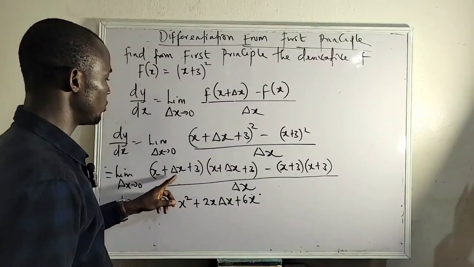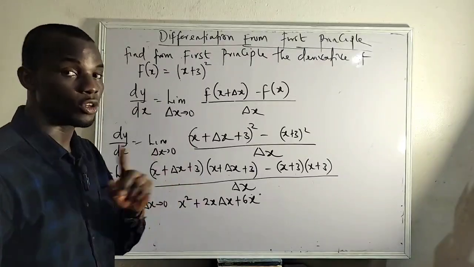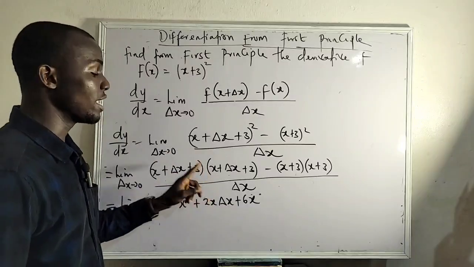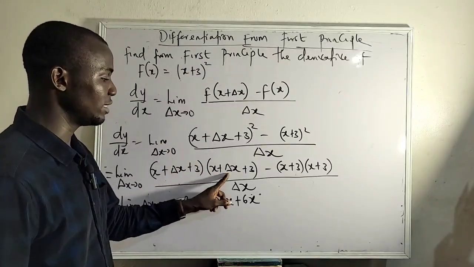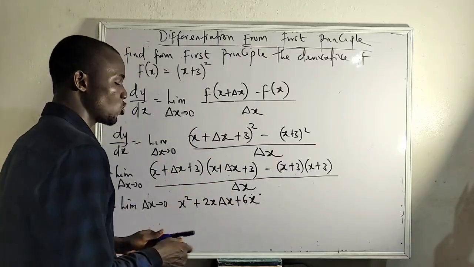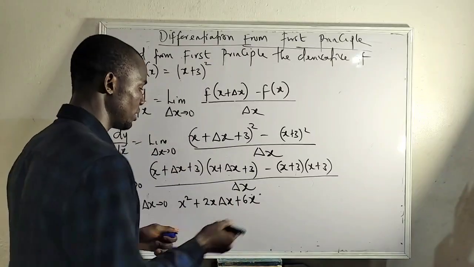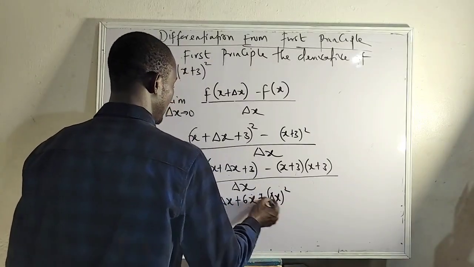By the time I'm using change in x to multiply exclusively, change in x times x, we have done that already. Then change in x times change in x is what we have not done, and that will be change in x squared. You can only have one change in x squared. This is plus delta x squared.